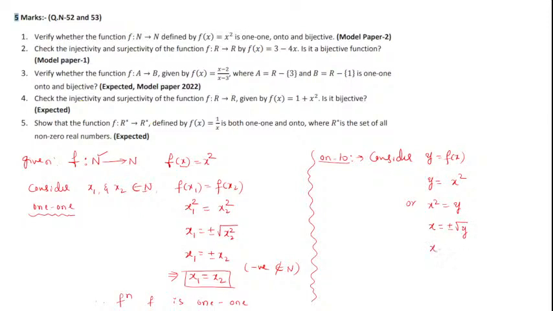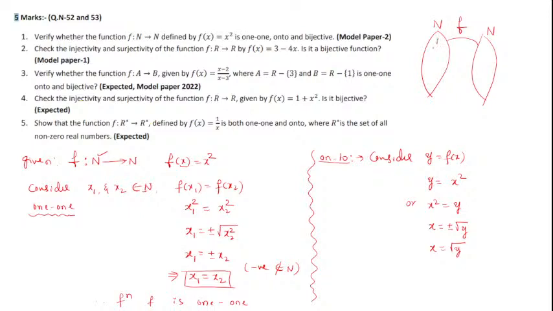Since the set of natural numbers are positive, I will consider x equal to only root y. Okay, see, diagrammatically I will show here. Let us consider the domain and your codomain part. Your function is defined from the set of natural numbers to the set of natural numbers.